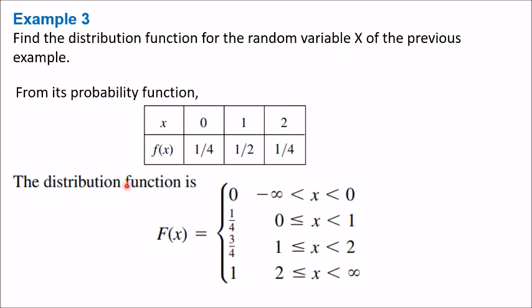O, ganun lang. Starting at 0, kasi palagi mag-umpisa sa 0. Then take the first probability, 1/4. Plus the second one, 1/4 plus 1/2. That's 3/4. Plus the second one, plus 1/4. That's 1. Parang cumulative yung order.